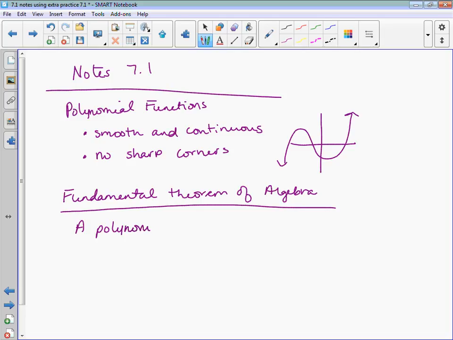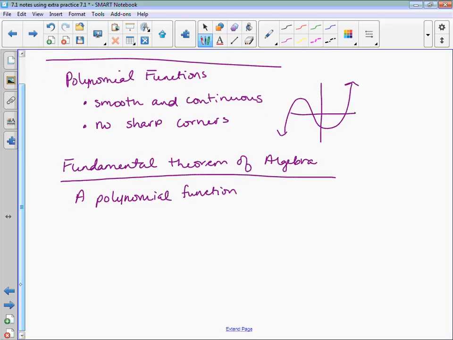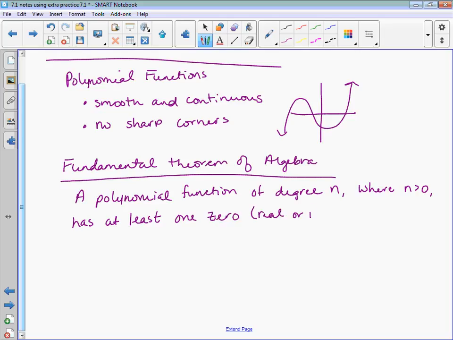A polynomial function of degree n, where n is greater than 0, has at least one 0, and that could be real or imaginary.